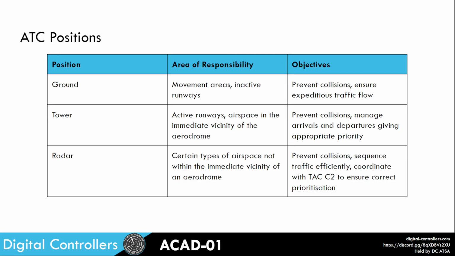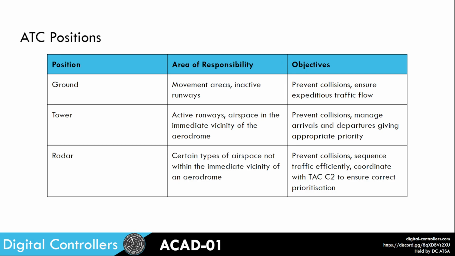Then we have a radar controller. Now, a radar controller will control using a radar, and they're responsible for certain types of airspace that are not within the immediate vicinity of an aerodrome.